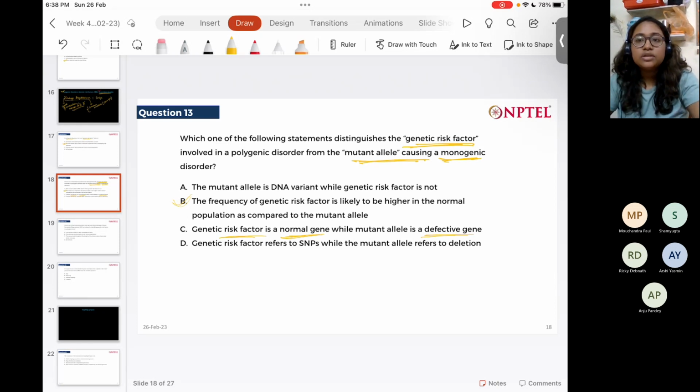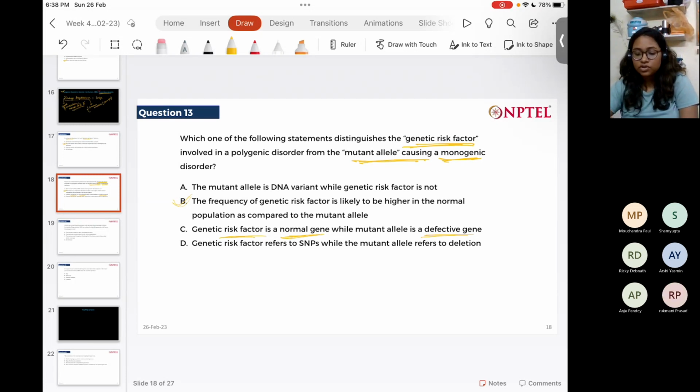Yeah, so it can be in the non-coding region as well. And also any mutation in a non-coding region can also lead to a disease. So what I'm trying to say is, a risk factor is not affecting the function of the gene, so the function is just like normal.